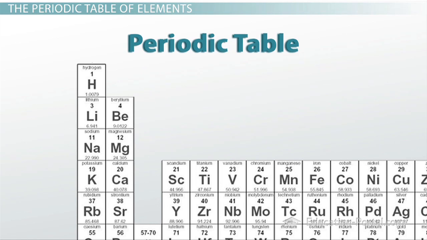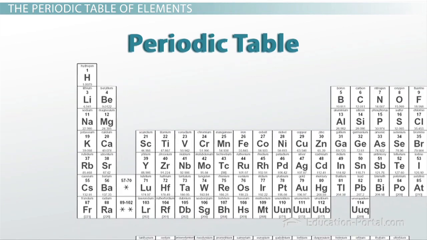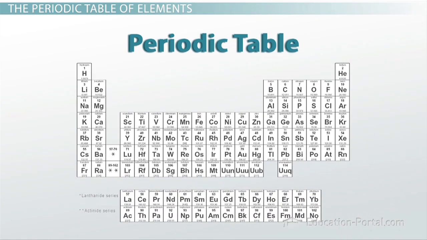This is a very convenient, organized way for chemists and biologists to reference the elements so that you don't have to actually memorize everything about every element. And as we'll find out, the way that these elements are organized into columns and rows is going to tell us a lot about individual characteristics of the elements just based on their location in the table.